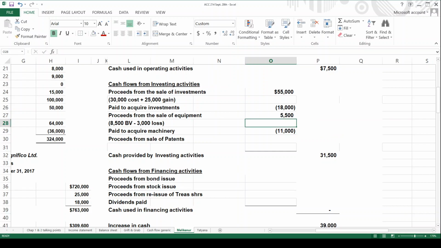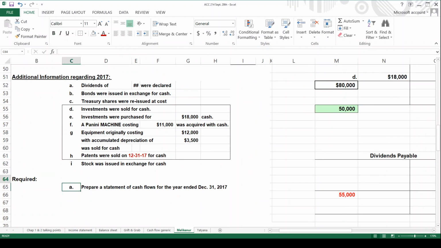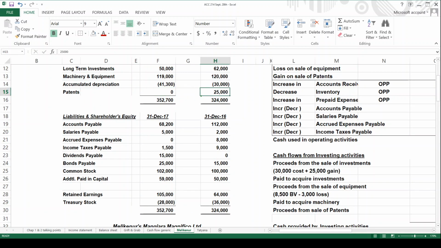Okay. Next on the hit parade, proceeds from the sale of patents. Let's see what we know about patents down here. So these patents were sold on 12/31/17. All right, so we look at the account and we see that we went from 25 to 0.